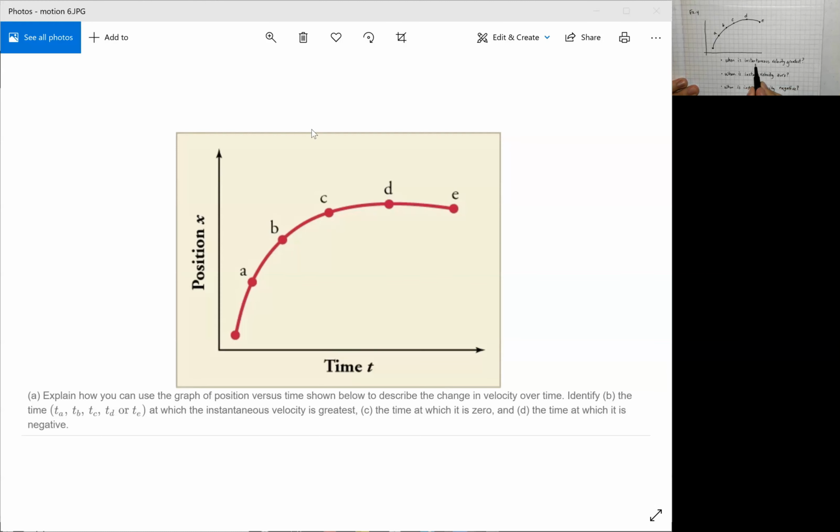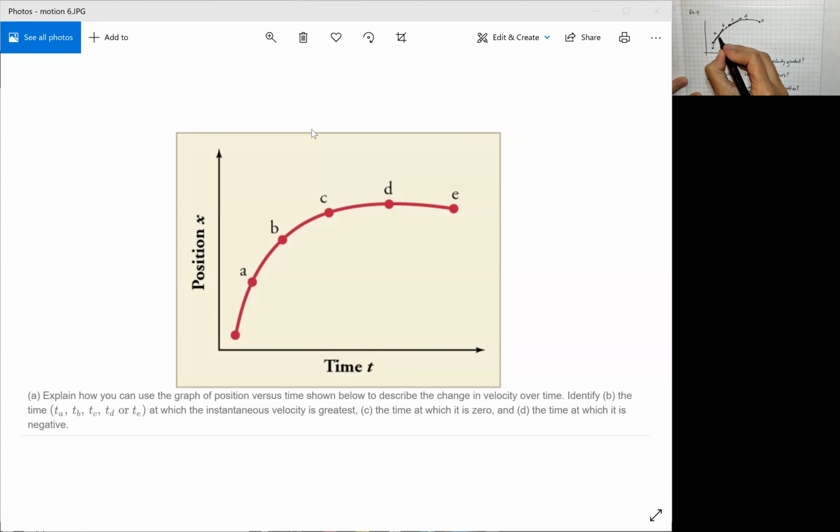Basically, for when is the instantaneous velocity greatest, A, B, C, D, or E, we're looking for the tangent line that's the steepest. So right here, my tangent line might be like that. But at point C, it would look more like that.